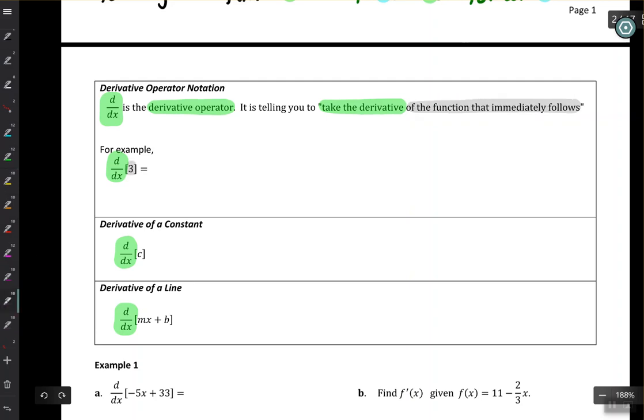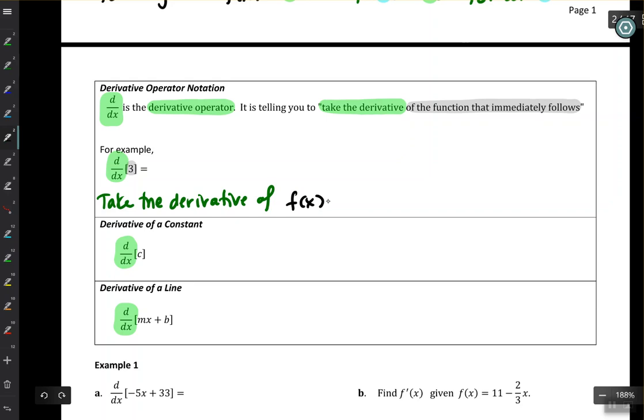So here, this is saying take the derivative of 3. Take the derivative of the function y is always 3, f of x is always 3, which we've already done. The function that we write right after it is f of x equals 3.